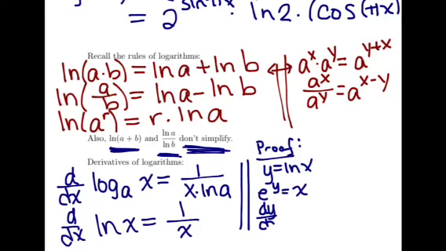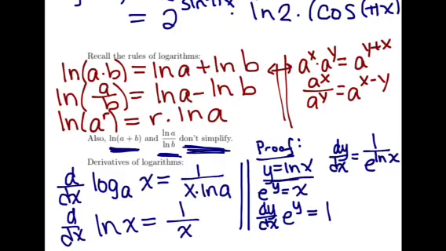The derivative of y is dy dx, and that's equal to 1. So taking the derivative of both sides, dy dx is really equal to 1 over e to the y, and y is ln of x.